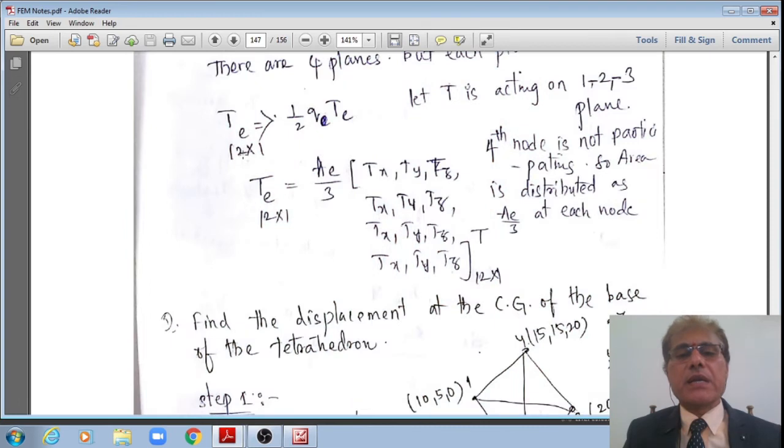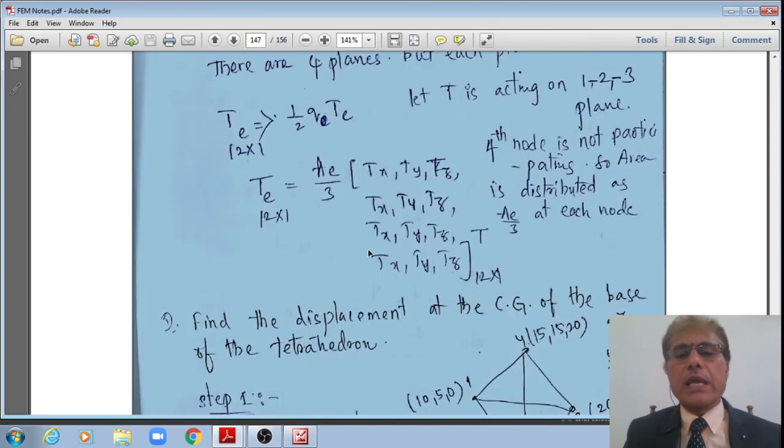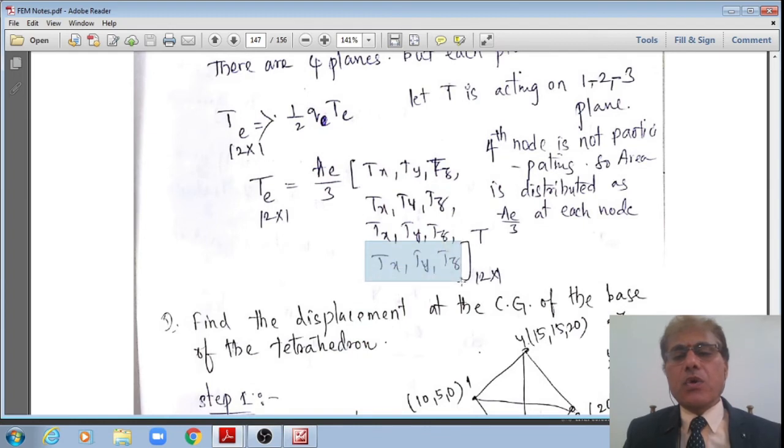Here I have written in general, keeping in view that you make any 3 coefficients 0. If it is acting on plane 1 2 3, then these 3 terms are 0 0 0. It will not leave any load to that fourth node. That is how I have written a generalized equation.